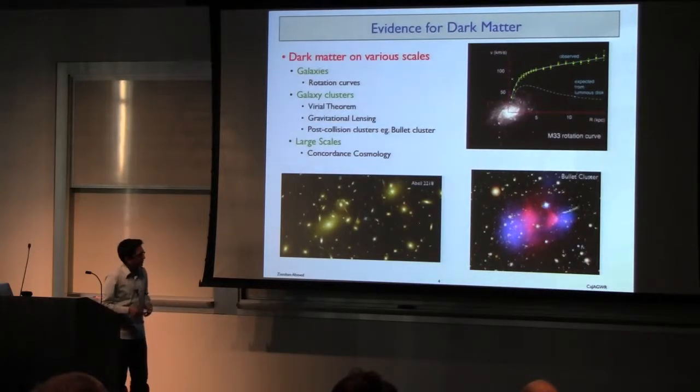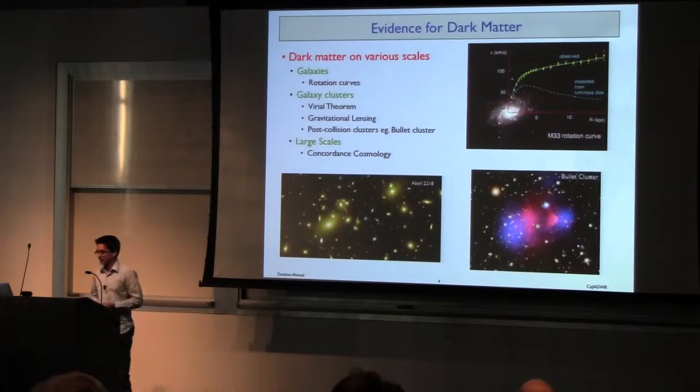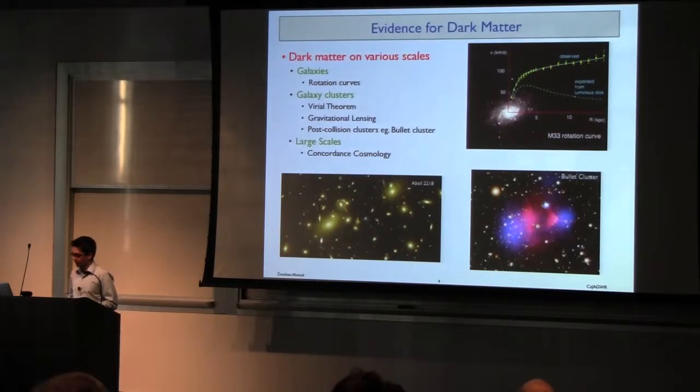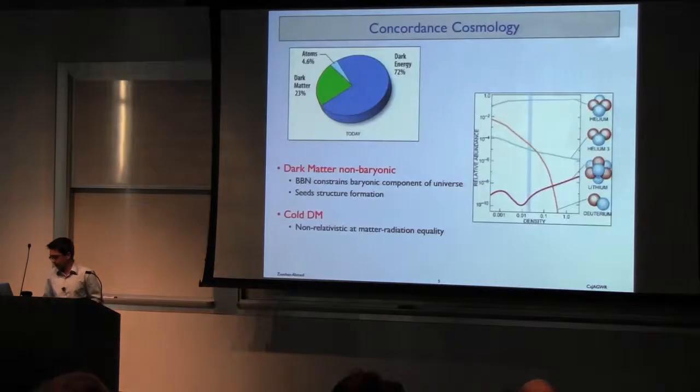So you see that, collisionlessly, the dark matter has gone through, whereas the baryonic matter, which interacts with itself, stays behind.